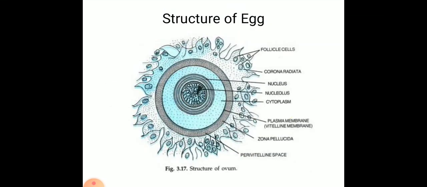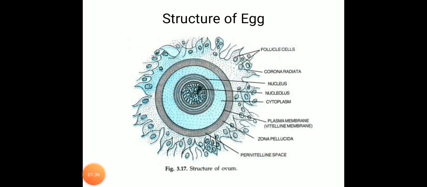This is the diagram showing the structure of the ovum, or the structure of the human egg. You can see the different parts of the ovum here. From top to bottom, first are the follicle cells or follicular cells.